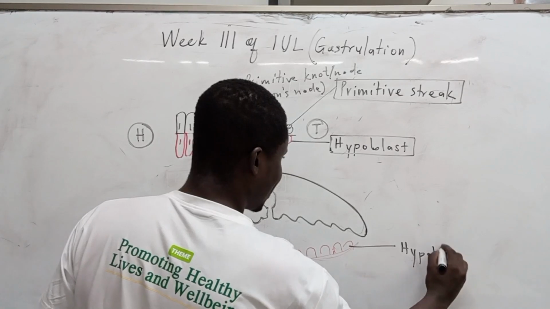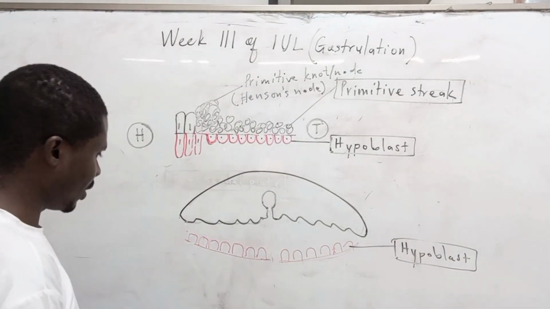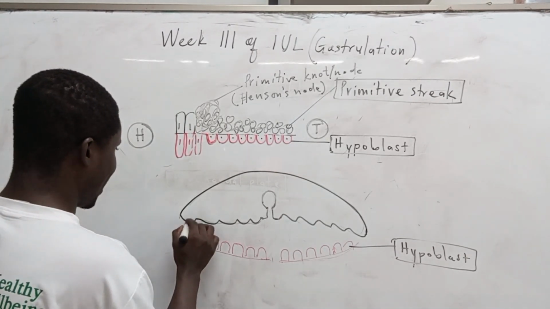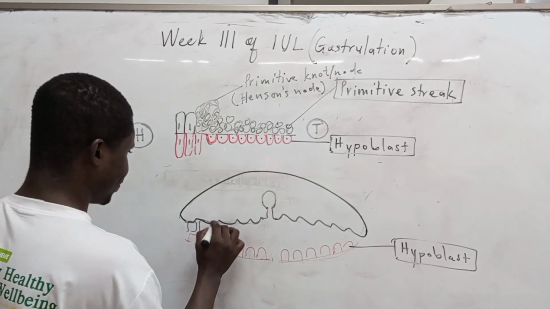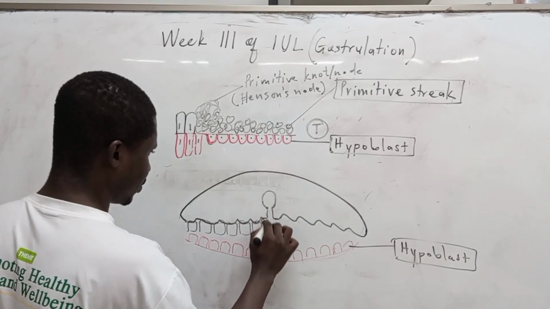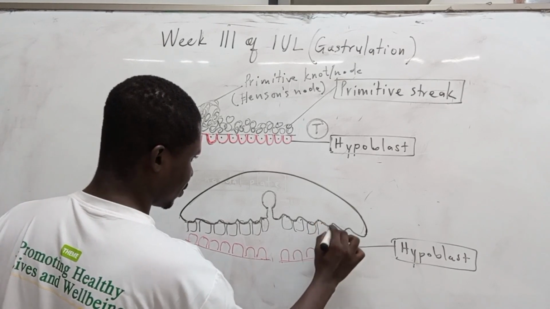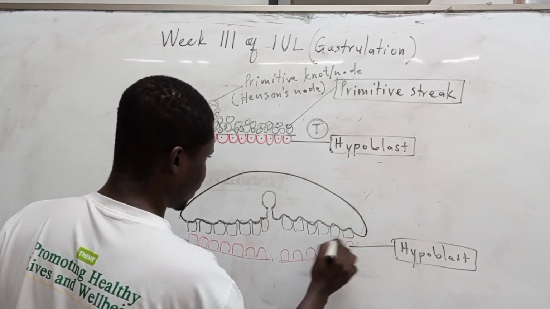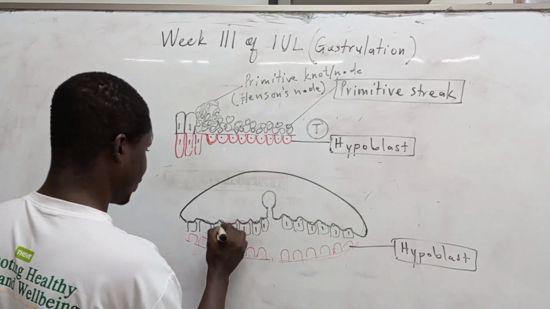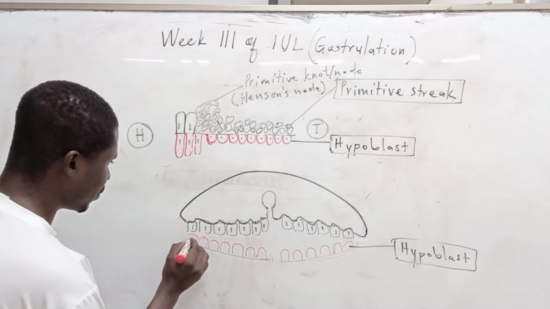Cells of the hypoblast. And then over here, I have some cells of the epiblast. Now the epiblast, they are columnar cells. And then cells of the hypoblast, cuboidal.